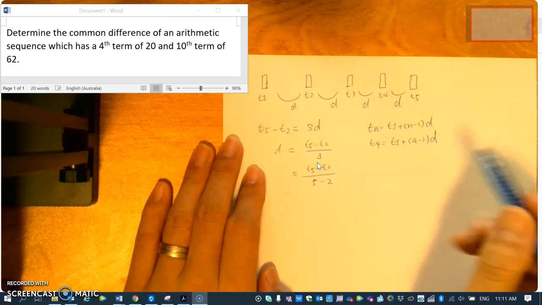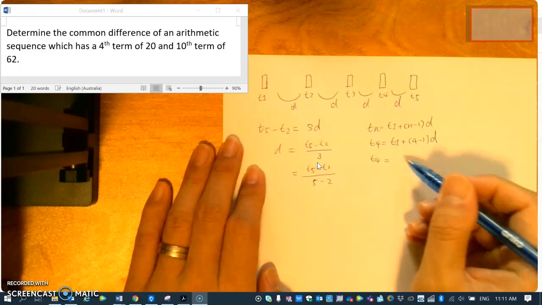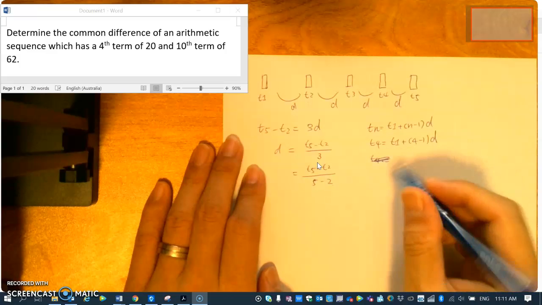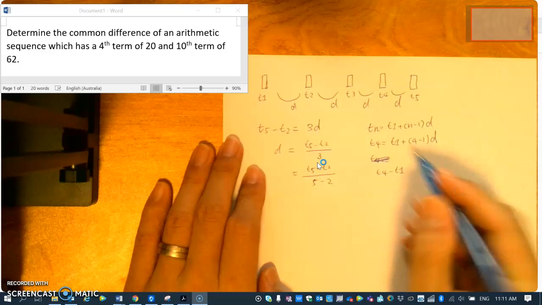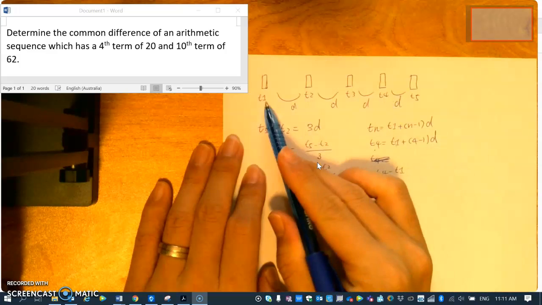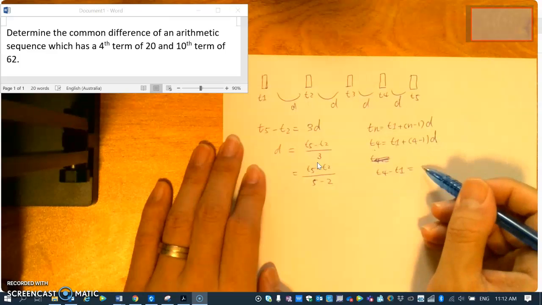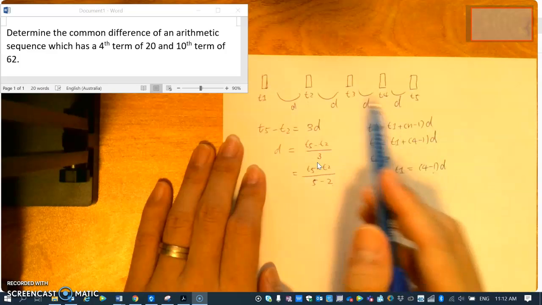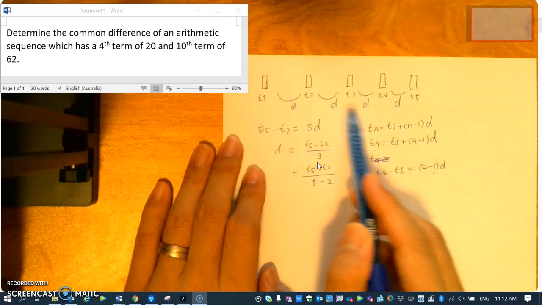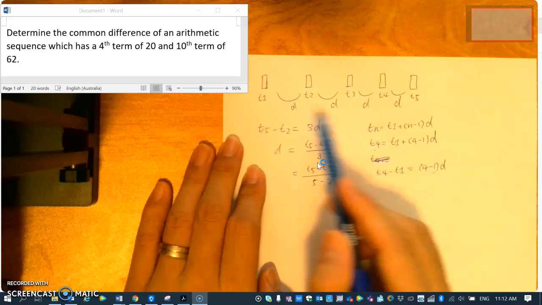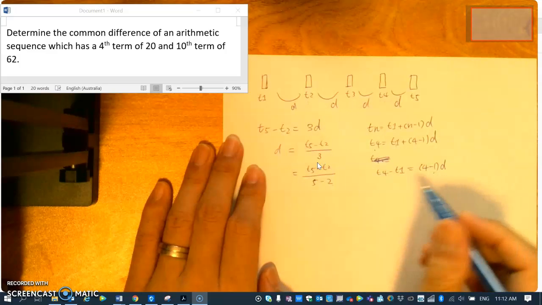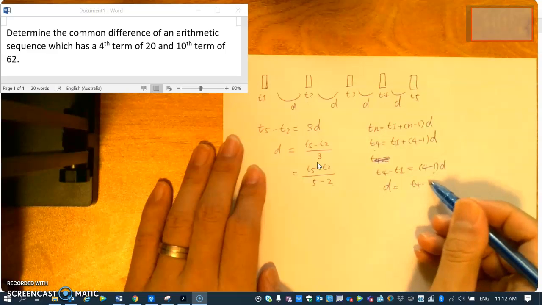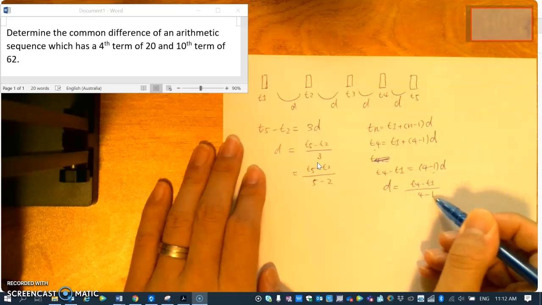Now what that tells us is, if we rearrange this, T4 minus T1, the difference between term 4 and term 1, is equal to (4 minus 1)d, which is 3d. So between term 4 and term 1, there are 3 d's, a difference of 3. And then rearranging for d, we have d equals (T4 minus T1) over (4 minus 1).